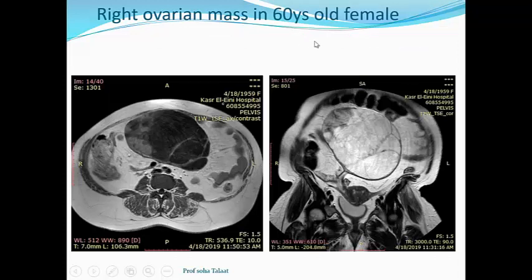This is a right ovarian mass in a 60-year-old female. Here we have to answer all the points that we have said. Regarding the origin, this is a large pelvic abdominal mass. What is the origin? It's ovarian. Why?